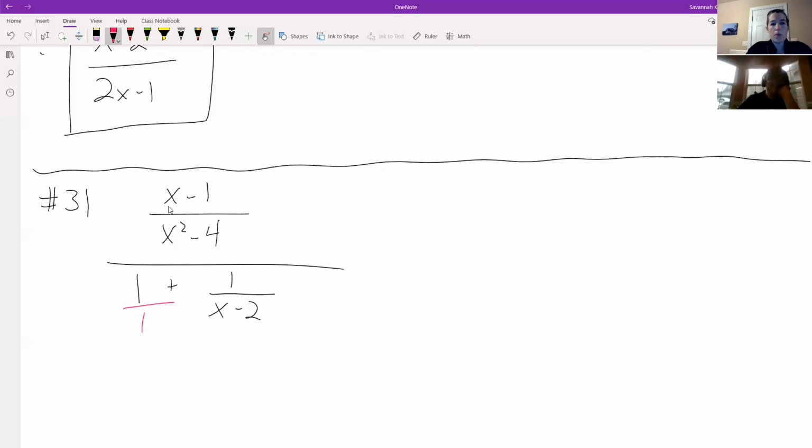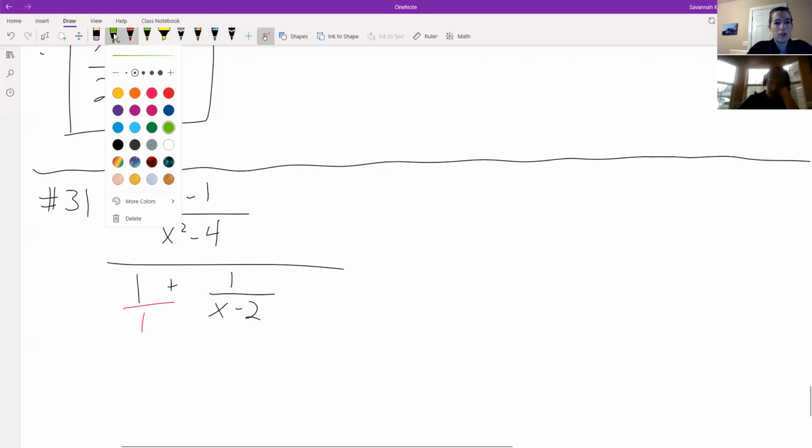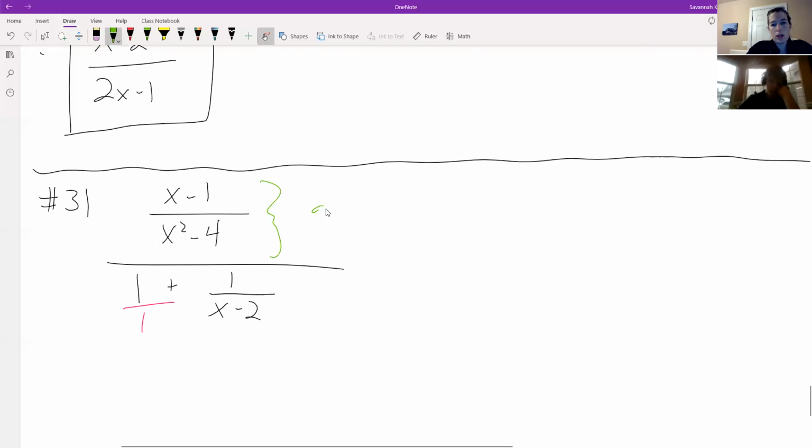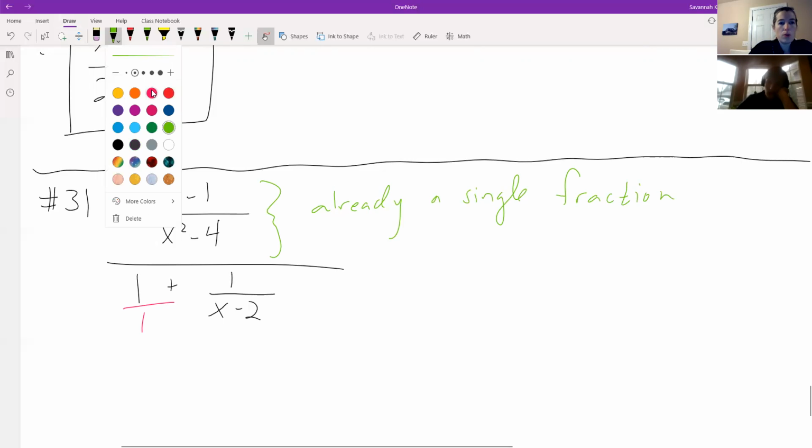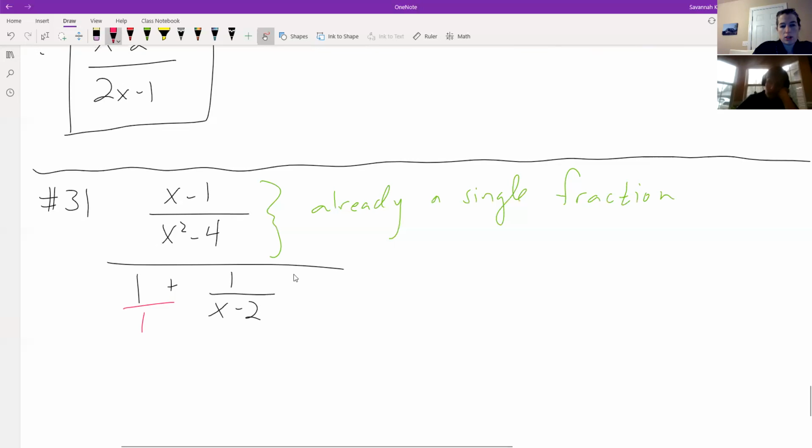The one up top, I don't need to worry about an LCD or trying to add things together because they've been kind to me, given me this as already one fraction. So it's already in the form that it needs to be for me to invert and multiply eventually. Okay, so that's good. What are we going to do about this?